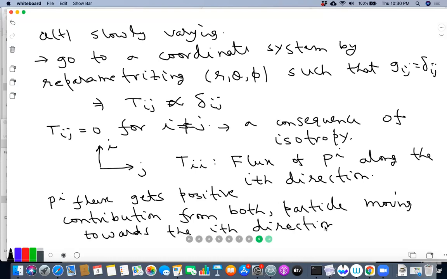When I say towards the ith direction, that means it has a positive component along the ith direction, or opposite the ith direction. So this is what this tells us, and that's the reason why Tii is non-zero.